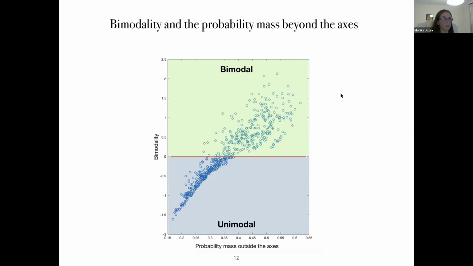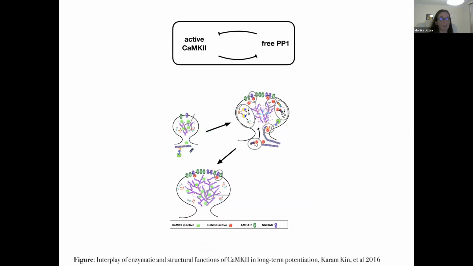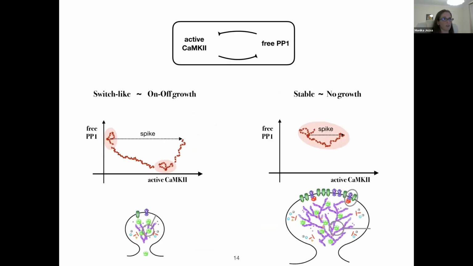So going back to the active CaMKII and free PP1 system, when we again have two mutually inhibitory populations, what we can imagine happening is that at rest, there's not much active CaMKII, but there's a lot of free PP1.